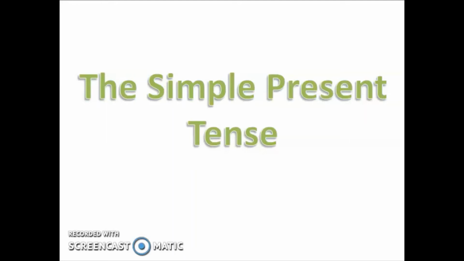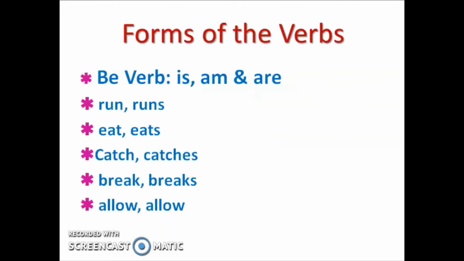Before that, I'm going to ask you a simple question. Can you name a few verbs? Okay, you can see some verbs on the screen: run, eat, catch, break, allow. All of these are verbs.